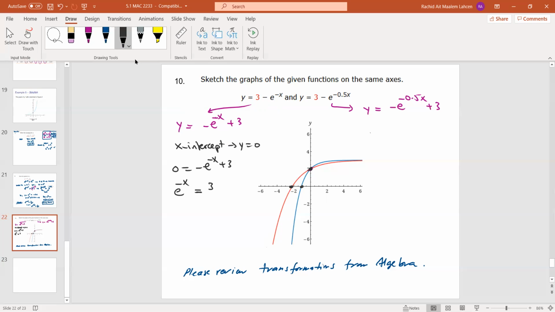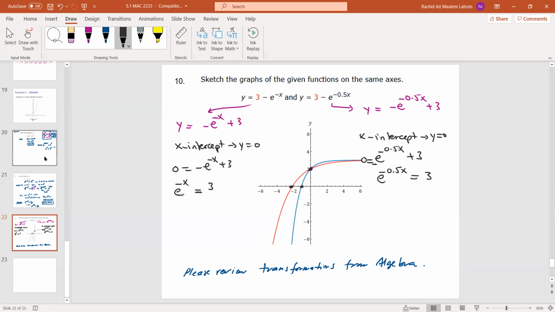I did two kinds, and also when I summarize, I'll talk about them again. So for this one, x-intercept, y equals 0, plus 3, which means e to the negative x equals 3. All right. You see, not the same bases here, and you can't make them the same.